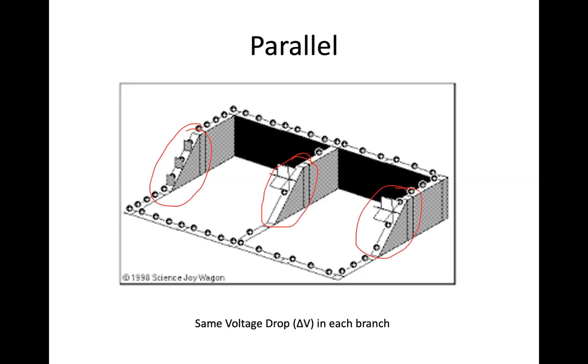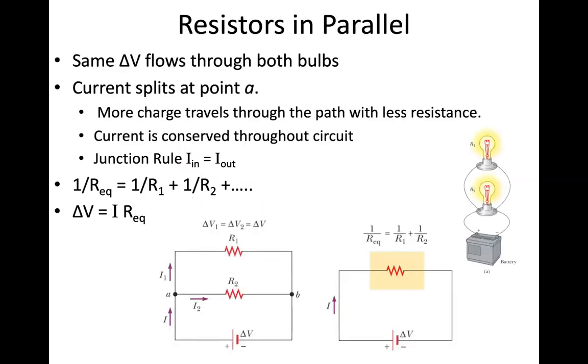Look at how many little dots, each one of these representing positive or negative, it doesn't really matter, representing a moving charge. And then some of them, there's only 2 of them that go through here. And there's a little bit more maybe that come through here, but they all have the same height. Everything has the same height. Everything has the same delta V, the same voltage drop in each branch. So the same delta V is going to flow through both.